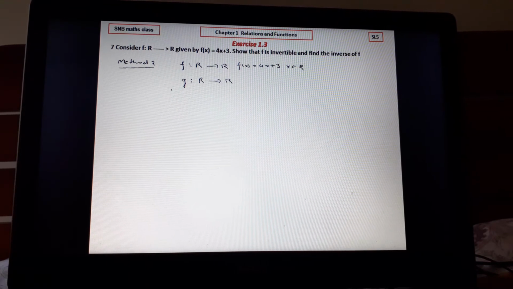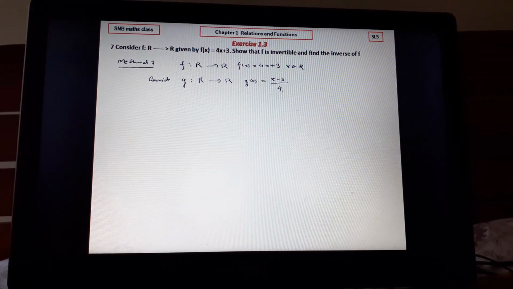So what I am going to do now is consider another function g from R to R defined by g of x equal to x minus 3 divided by 4. Now you may wonder how to get this. The trick is this. You take y equal to 4x plus 3.